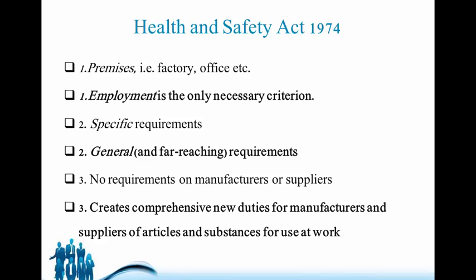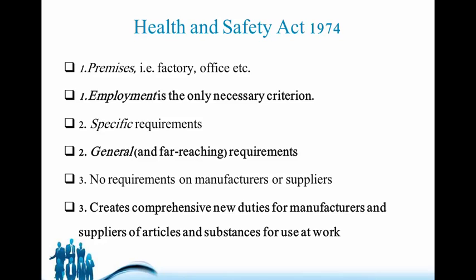In 1974, an act was made with an intention that it would replace all existing health and safety legislation. However, because of the mass of pre existing legislation and the complexity of the industry, it was expected that this would take some time to accomplish, and at present time it is still not complete.